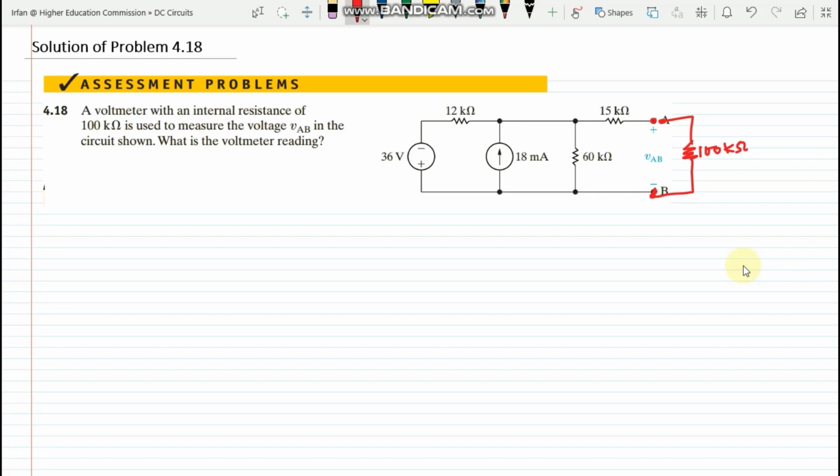Any method you use here will basically give you the correct value.